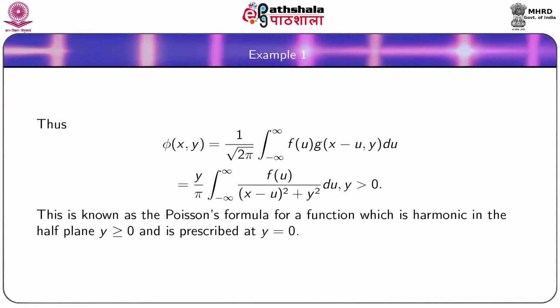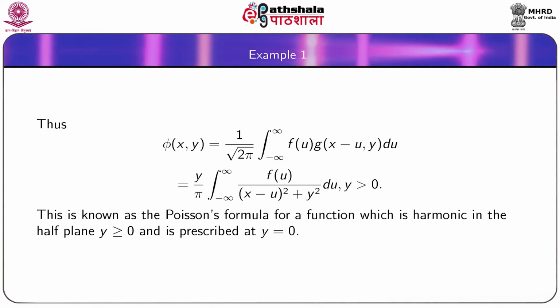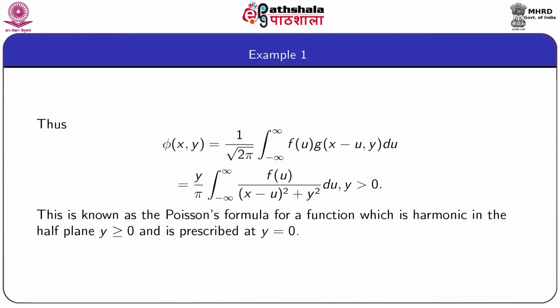And this is known as Poisson's formula for a function which is harmonic in the half plane y greater than or equal to 0 and is prescribed at y equal to 0.